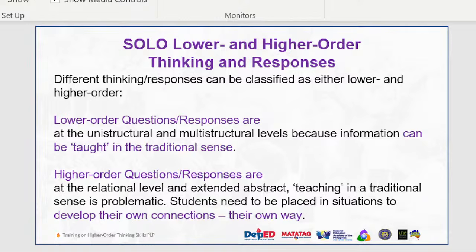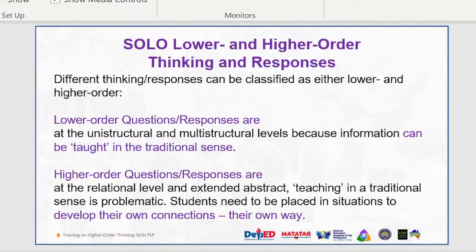So the different thinking or the different responses can be classified as either lower or higher order thinking. The lower order questions or responses are at the unistructural and multistructural levels because information can be taught in the traditional sense.